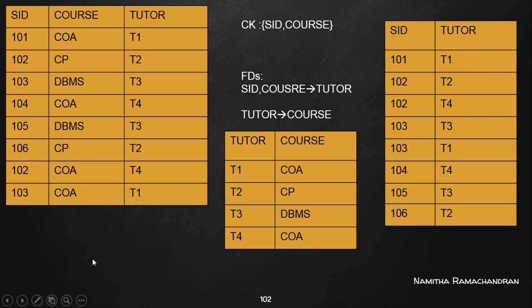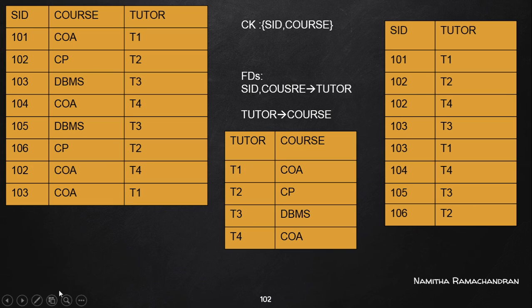Consider one more change here. This particular dependency is preserved in this table, but this one is not preserved anywhere in these tables. So this is the case of BCNF. Up to third normal form, we have preserved all the given dependencies in the child relations.